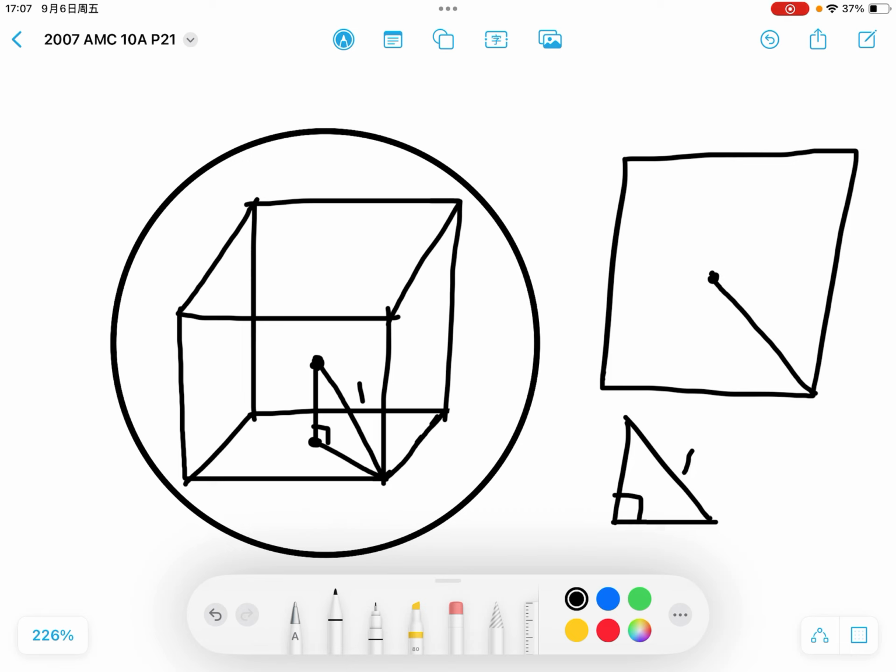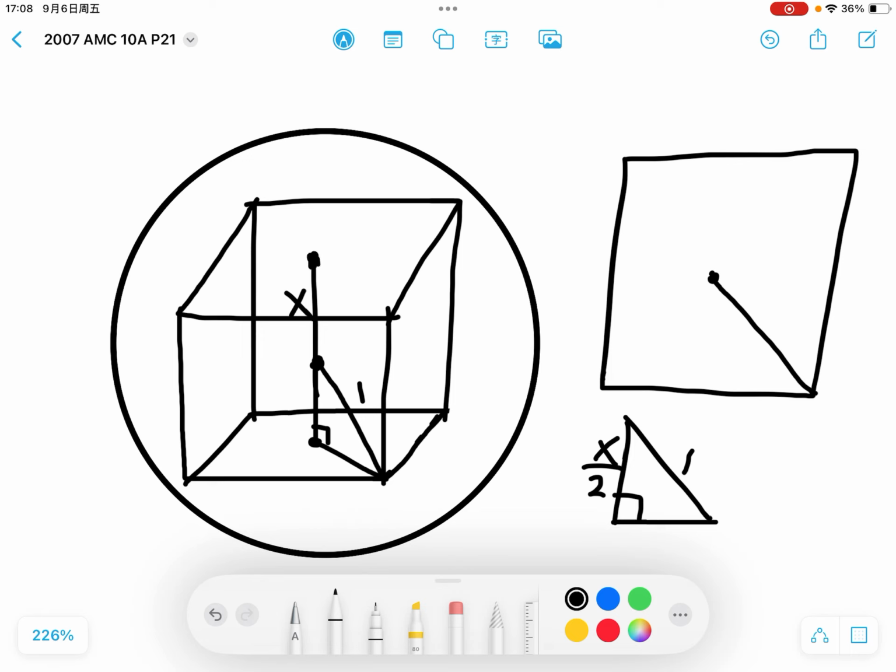This is a right triangle. If we name the side length x, I know that this is x over 2, because from observation and drawing, this is just half of our side length.